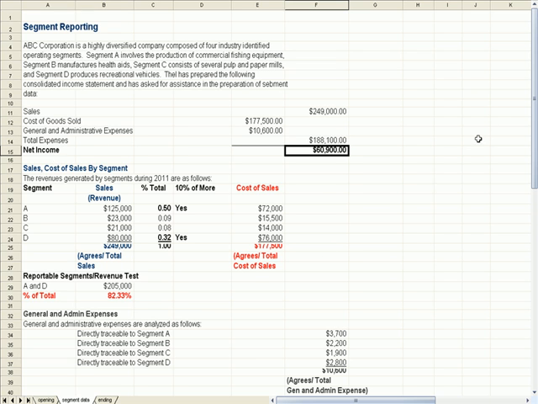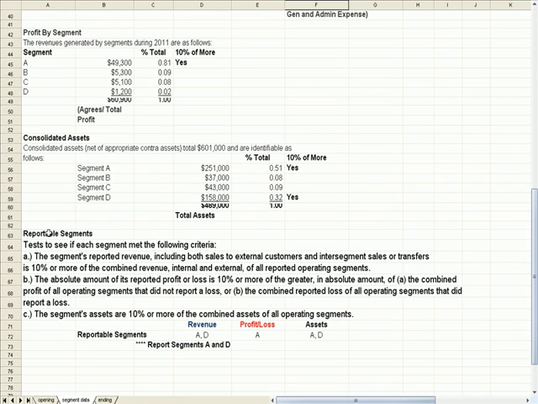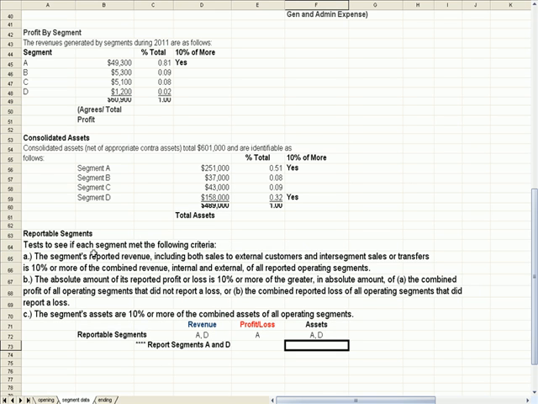So the first thing we need to do is talk about what the rule is generally about a reportable segment. There's really 3 of them, and then there's a third one that I don't have printed in this list, but I have calculated above. Does the segment have 10% or more of the combined revenue? If so, we report it. Do they have 10% or more of the absolute value of the profit or loss?